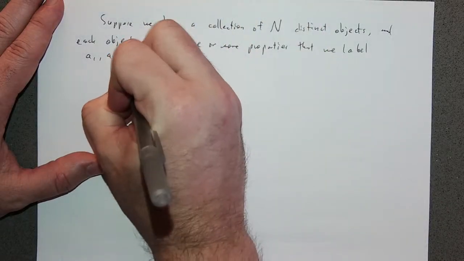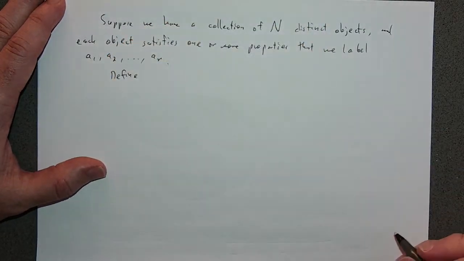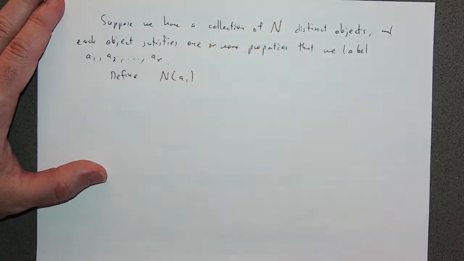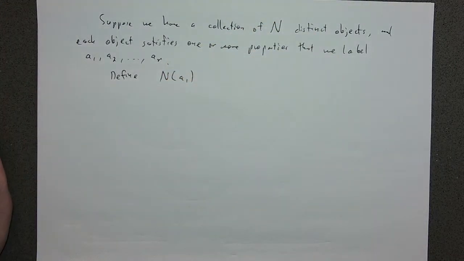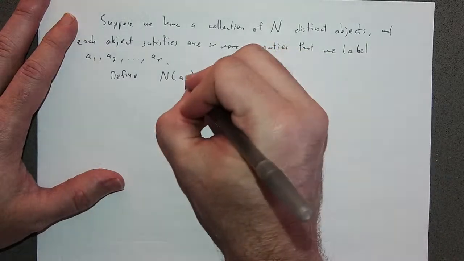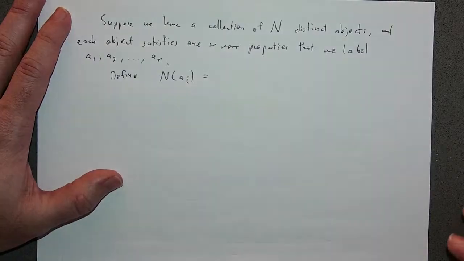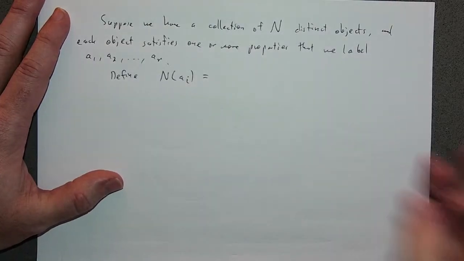Define n of A sub I to be the number of objects having property A sub I.